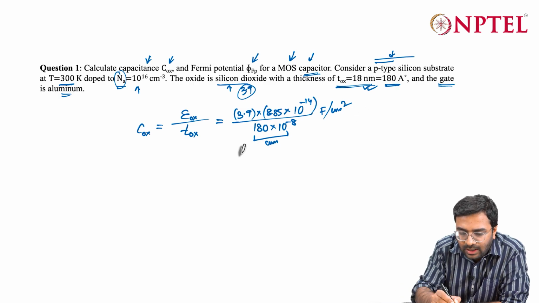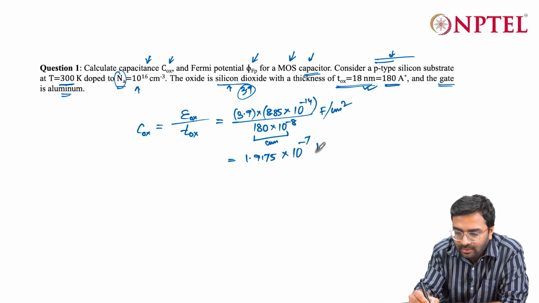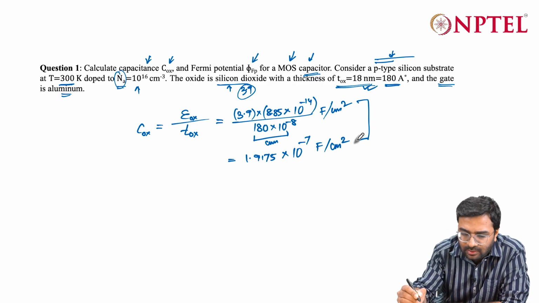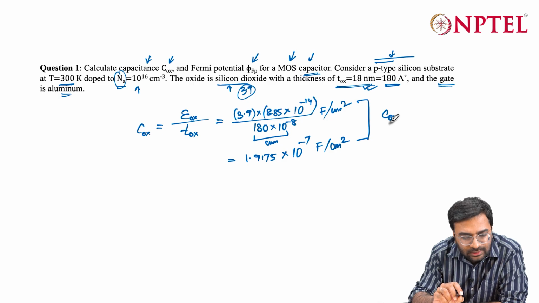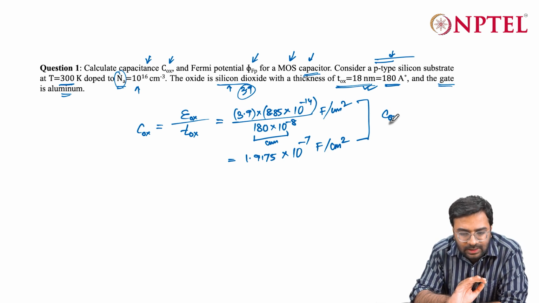And then if you do the calculation, you will get the value which is 1.9175 into 10 to the power minus 7 farad per centimeter square. So, this is the value of Cox, and it is very important that we always keep an eye on each of these parameters that are given, right.